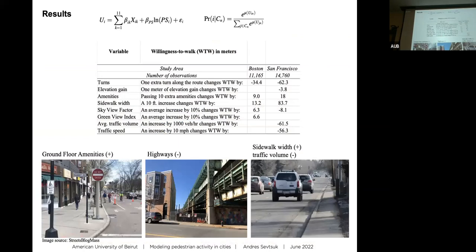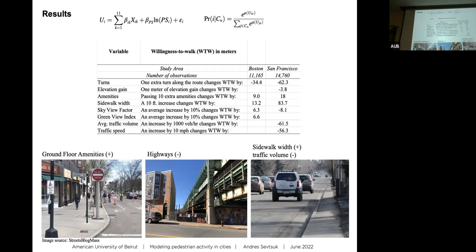We then put this into a path choice model. There is a path choice model that was developed by Michel Bierlaire in late 1999, which has this path size correction term compared to a typical choice model, and basically estimated coefficients for each of these properties we tested in the model.